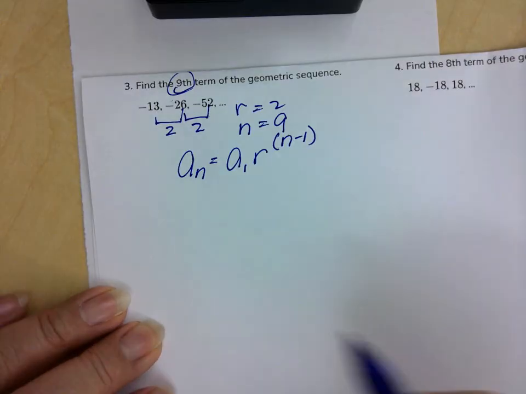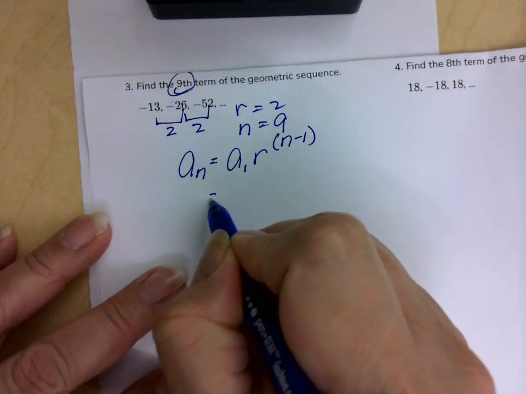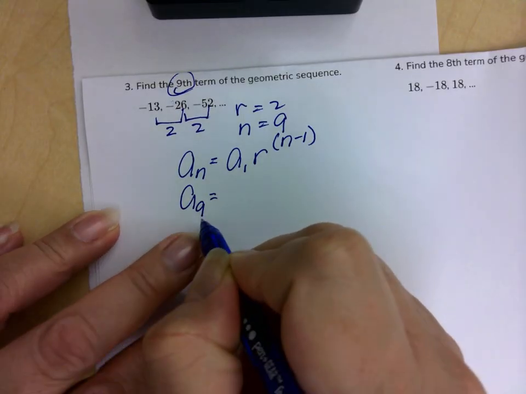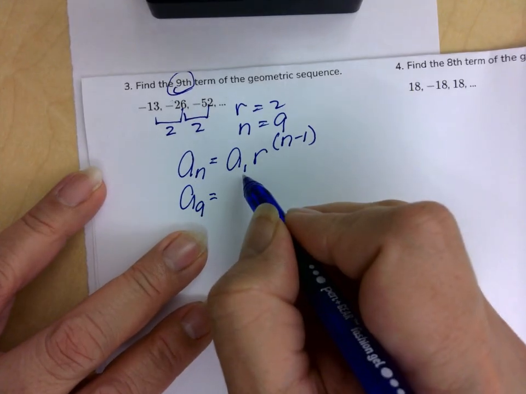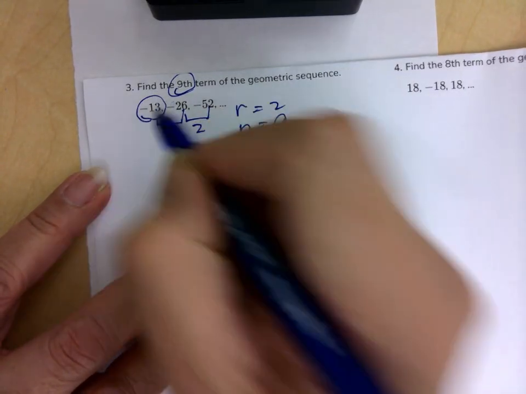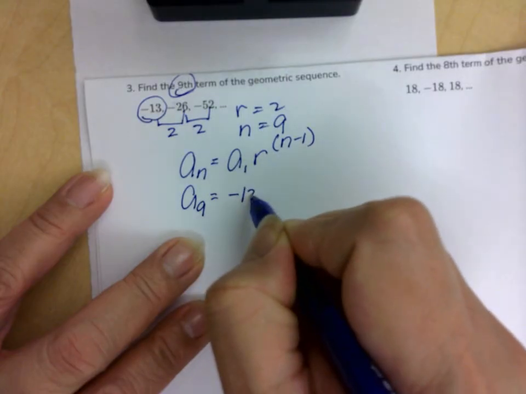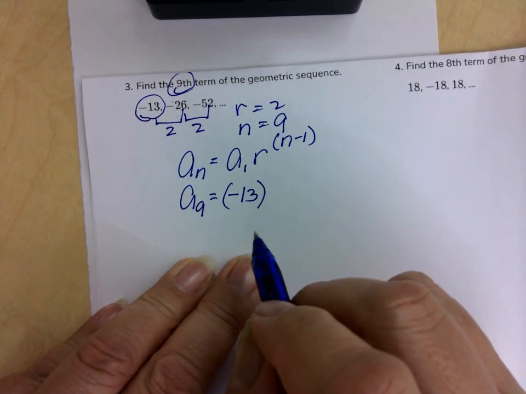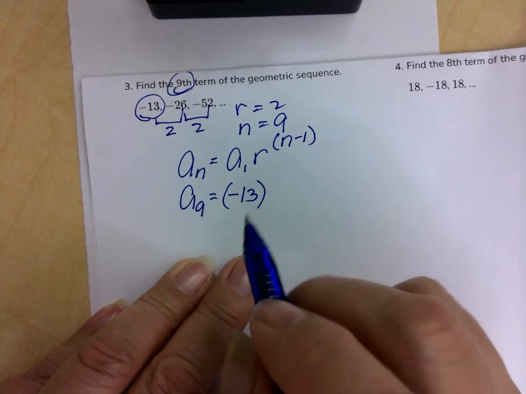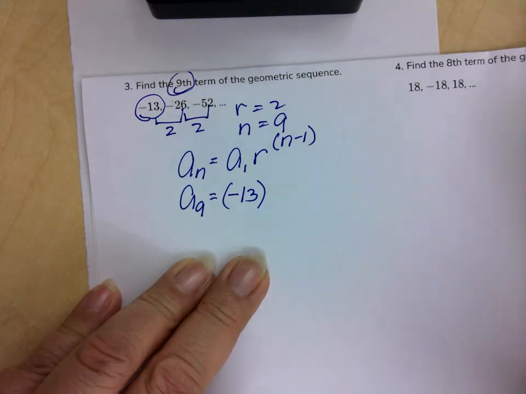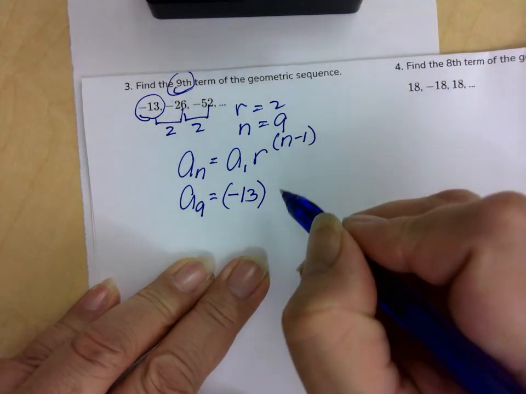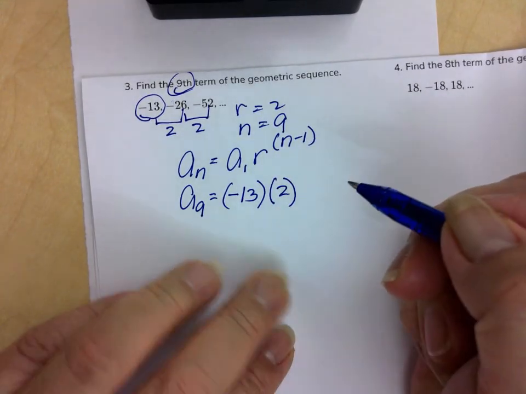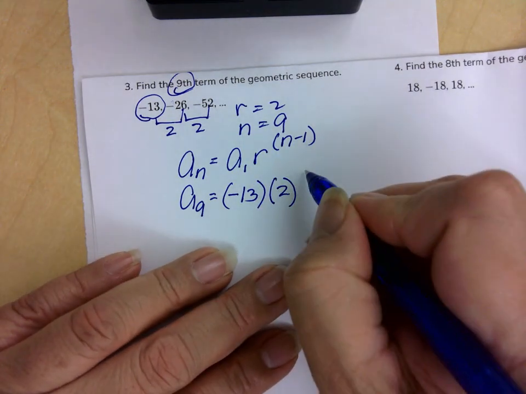Now, look here. A sub n will be a sub 9. A sub 1 is always the first term, so that is negative 13 for this example. You put it inside a parenthesis because it's negative, just to be sure you will not make a mistake with the sign. What is our r? r is 2. What is our n? n is 9, so that is 9 minus 1.